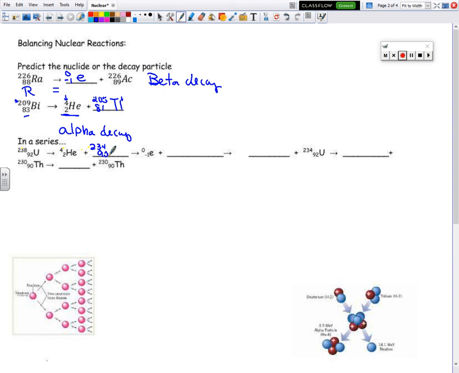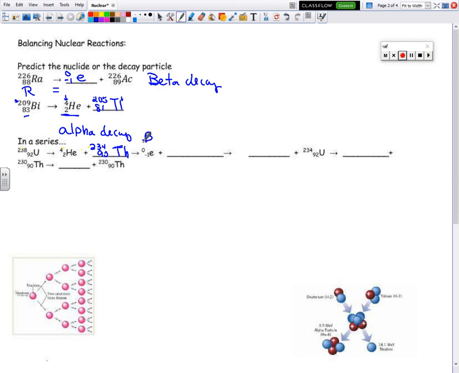Then we look on our periodic table and ask, what is the element that has an atomic number of 90? That is thorium. Now we have a new nuclide, a thorium nuclide, and it's going to undergo a beta decay.